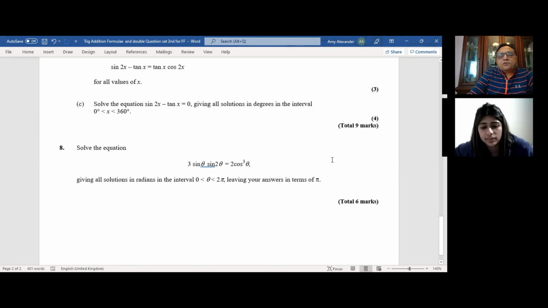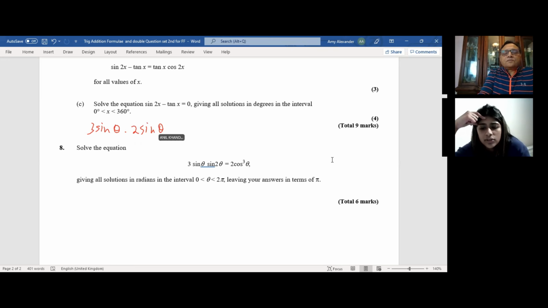3 sine theta equals to sine 2 theta equals to 2 cos cube theta. So how did you do this one? Where sine 2 theta is, I just subbed in 2 sine theta cos theta and expanded. So you got 3 sine theta times 2 sine theta cos theta equals 2 cos theta times cos squared theta.